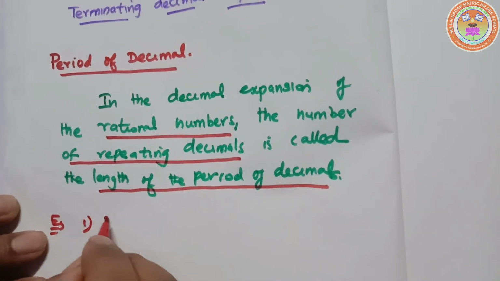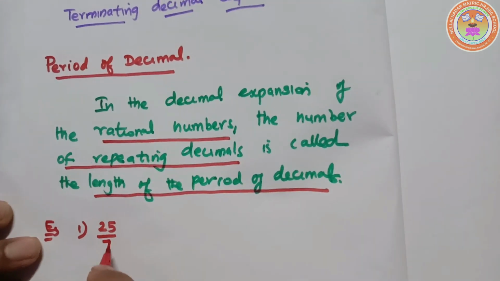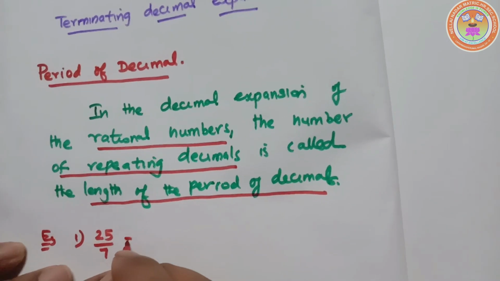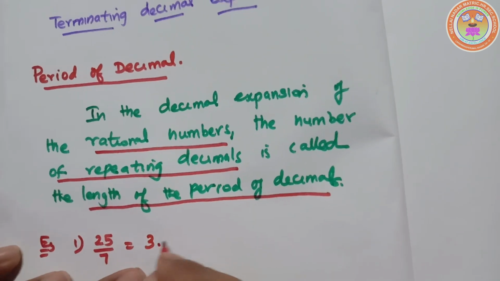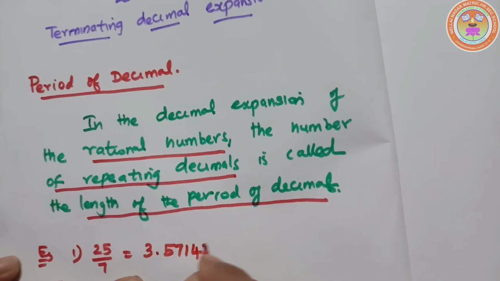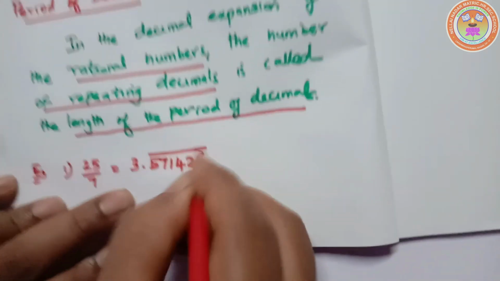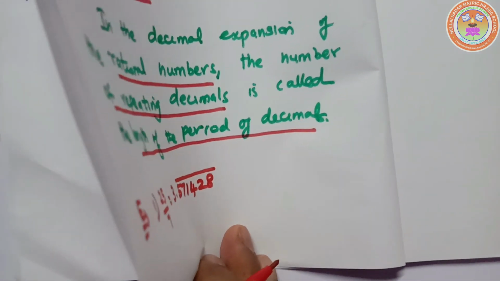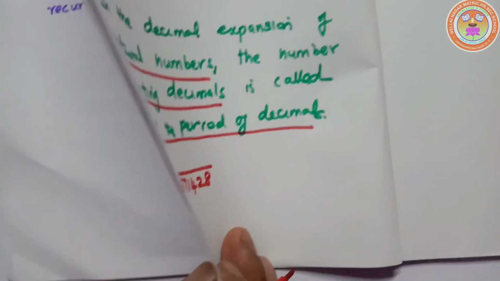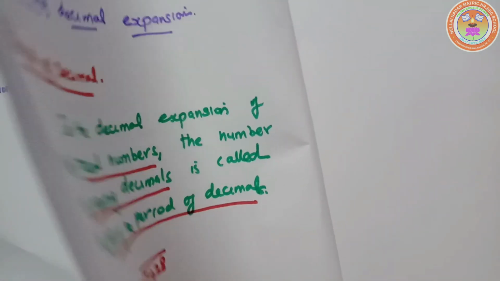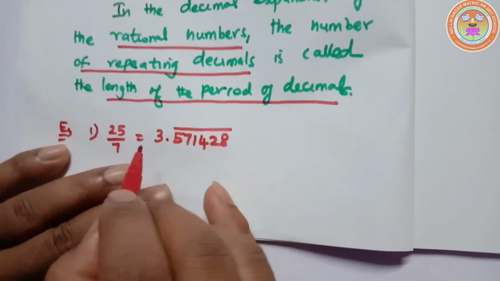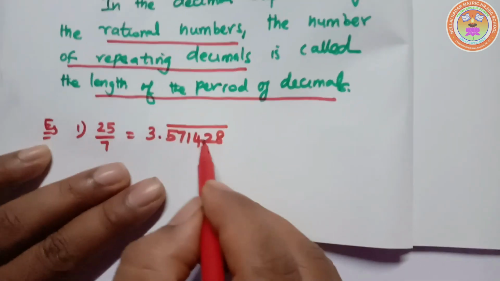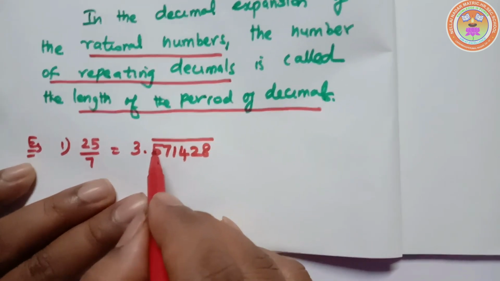Now first one, 25 divided by 7. When you divide 25 by 7, you get 3.571428. Right? You make a bar. So this is actually non-terminating and recurring decimal. Here the decimal expansion, you have to count the digits 1, 2, 3, 4, 5, 6.